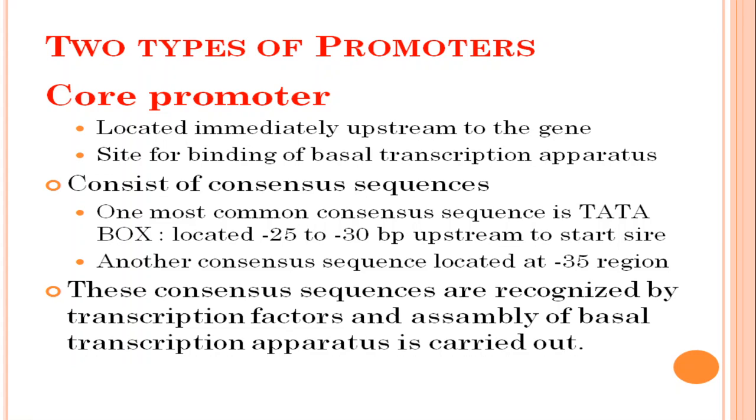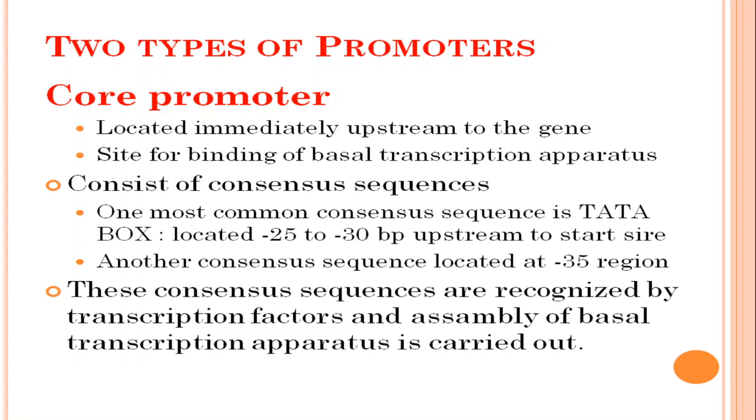Now, looking at the structure of the promoter, there are two types of promoter in eukaryotic organisms. One is a core promoter, the second is a regulatory promoter. The core promoter is located immediately upstream of the gene. It is the start site and the site for binding of the basal transcription apparatus. This core promoter consists of consensus sequences, and the most common consensus sequence in the core promoter is the TATA box.